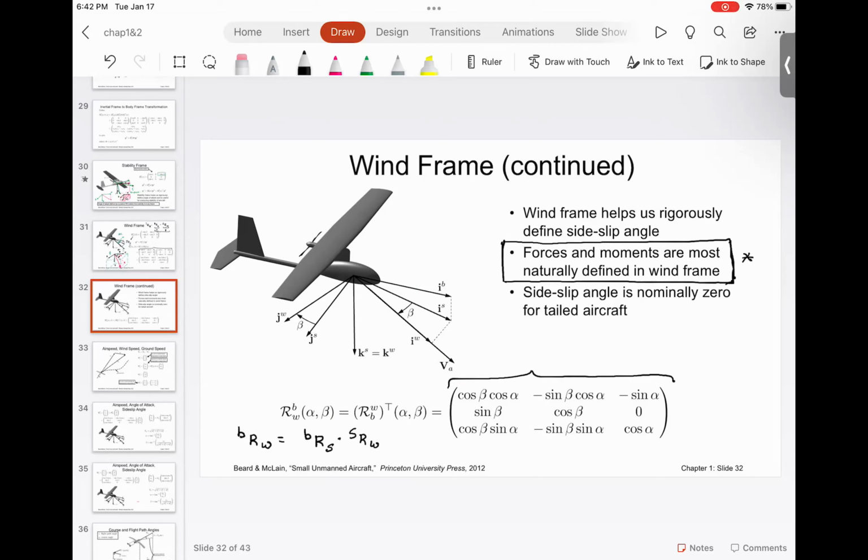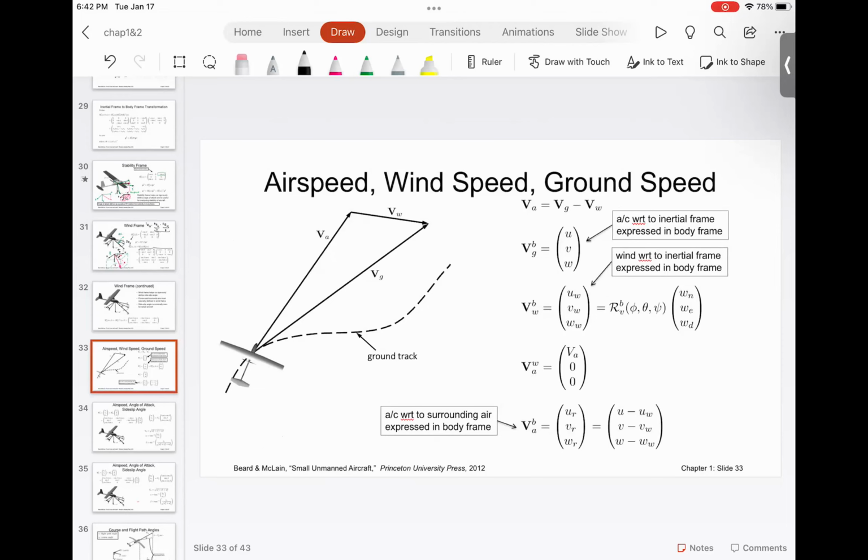That's why the aerodynamic forces and aerodynamic moments are most naturally defined in the wind frame. And then you can transfer those rotations into the frame in which you are applying Newton's laws.